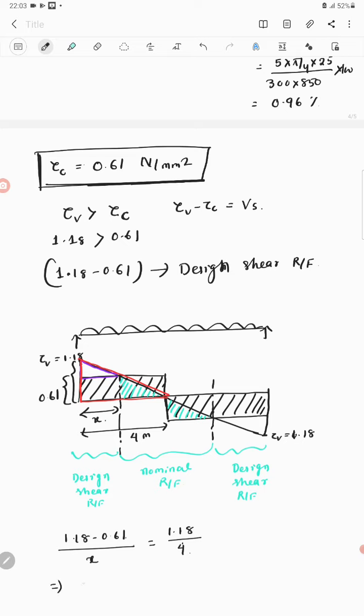You can calculate this x value, it will be around 1.93 meter. So this is 1.93, and this is 1.93. The rest part is 8 minus 2 times 1.93, which is equal to 4.14.